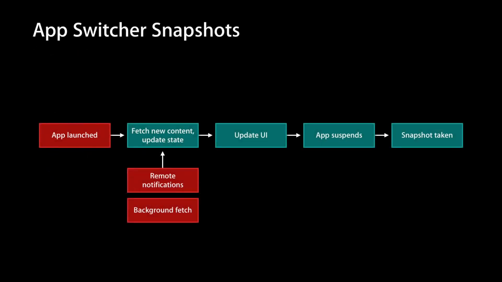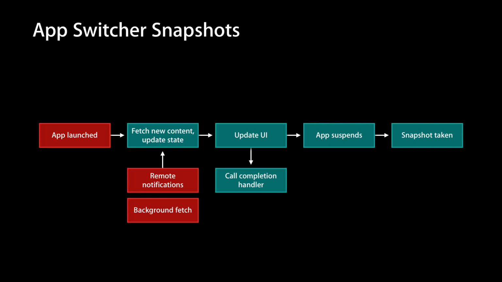Now, if we go back to this workflow, both of these new modes have new UIApplication delegate methods that go along with them. They're very similar in style and functionality to the background transfer one that I talked about just a few minutes ago. In both cases, there's a completion handler that is handed to you, and you need to call that completion handler when you're done doing your updating.